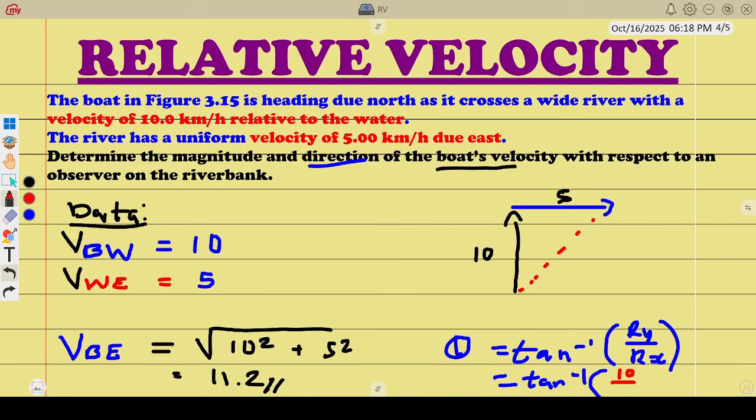So 10 over the x component, which is 5. 10 over 5 is 2, and then tan inverse of 2, you get 26.5. You just punch this in the calculator. So this is the direction.